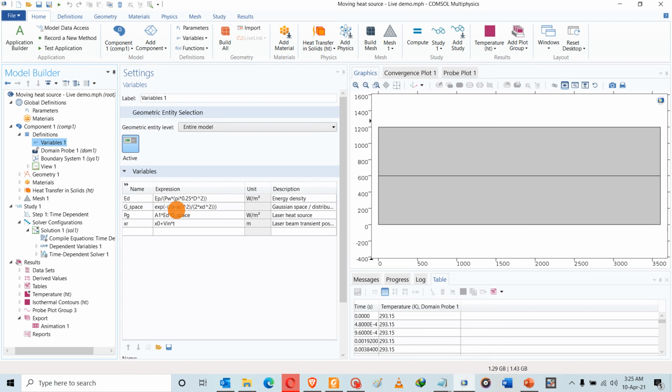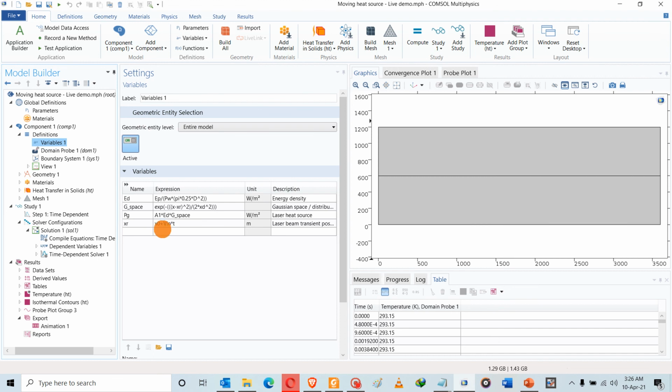Then we defined the laser Gaussian space. And then we also defined the pulse or the laser heat source. And then we had to incorporate the laser beam transient position by inputting the laser scan speed, multiplying it with time, and adding that to the initial laser beam position, which is outside the laser spot.